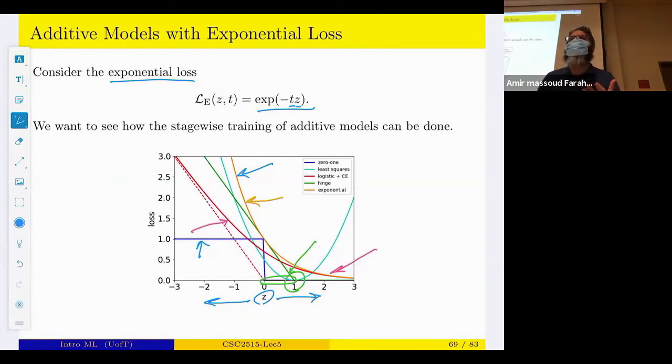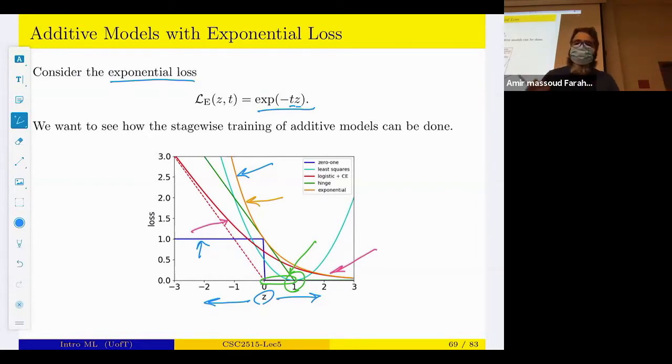When we design a loss function for classification, people probably first come up with something intuitive: if you're on the correct side, we shouldn't penalize; if you're on the wrong side, we should penalize. And there are different ways that we can penalize, like, for example, hinge loss, which has a geometric interpretation, or exponential, which says that we penalize a lot.